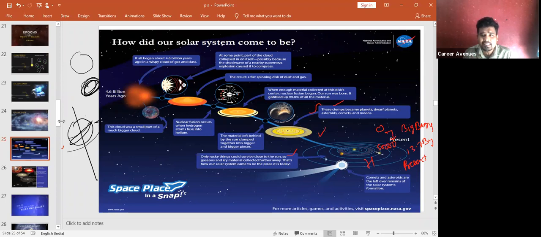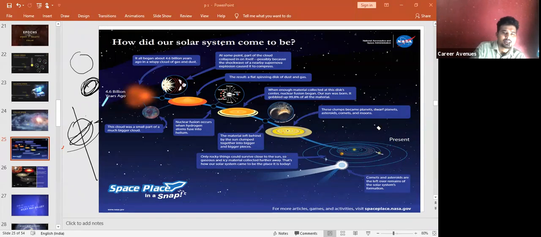I will discuss that in a different chapter on the space-time curve, in the relativity part, Einstein's theory of relativity. So I will discuss it later. Till now, this is how our solar system was born. This is the typical present-time solar system.